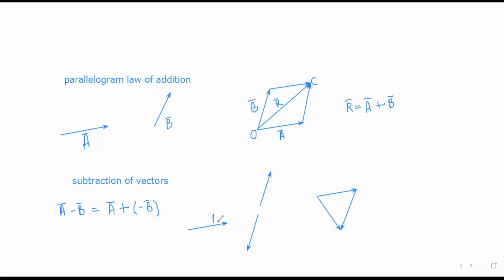So this was our A vector, this is the B vector, this is the minus B vector. And here, this is A, this is the minus B vector, and here we get A minus B, which is equal to R, the resultant.